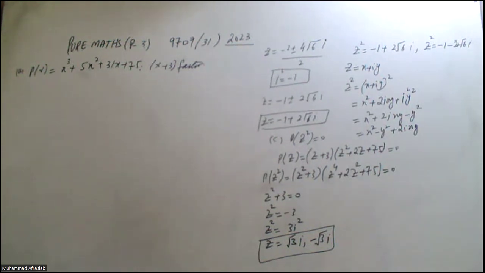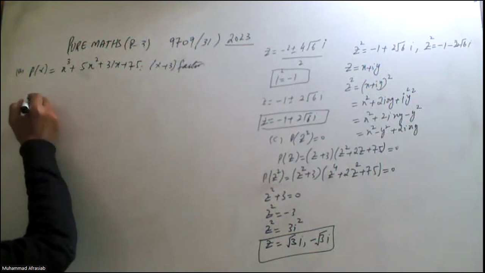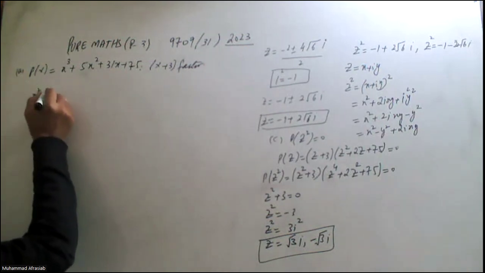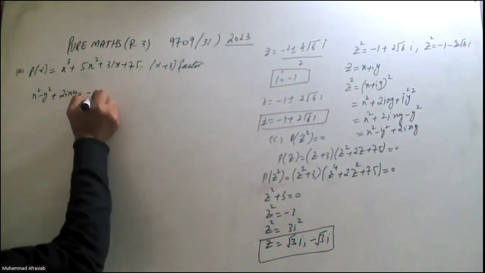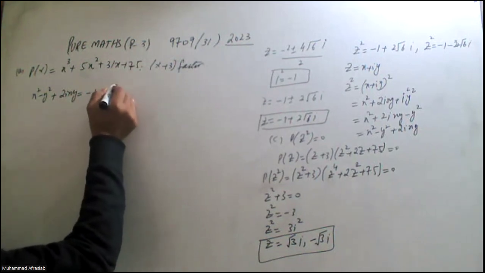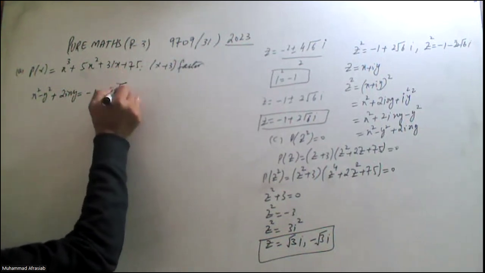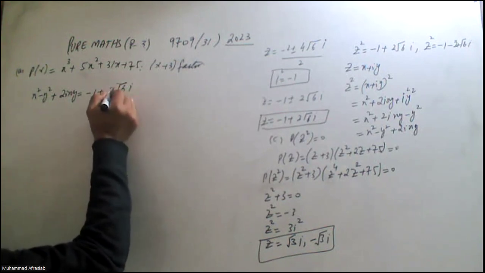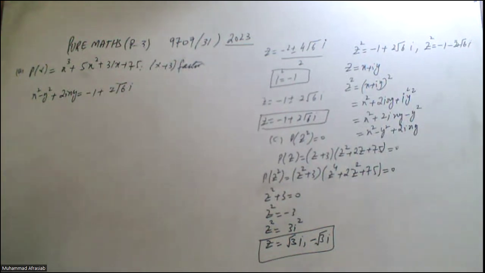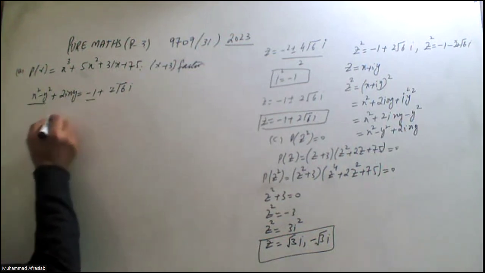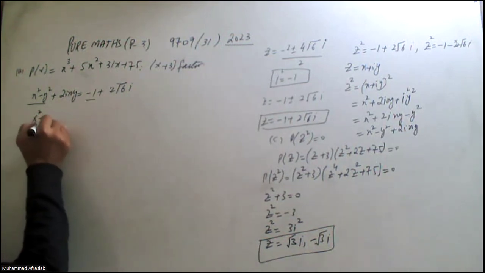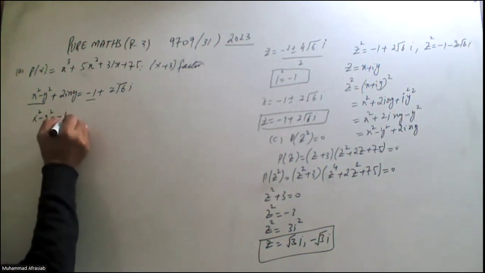So first of all, x square minus y square plus 2 iota xy is -1 plus 2 root 6 iota. If we compare the real part, x square minus y square is -1.